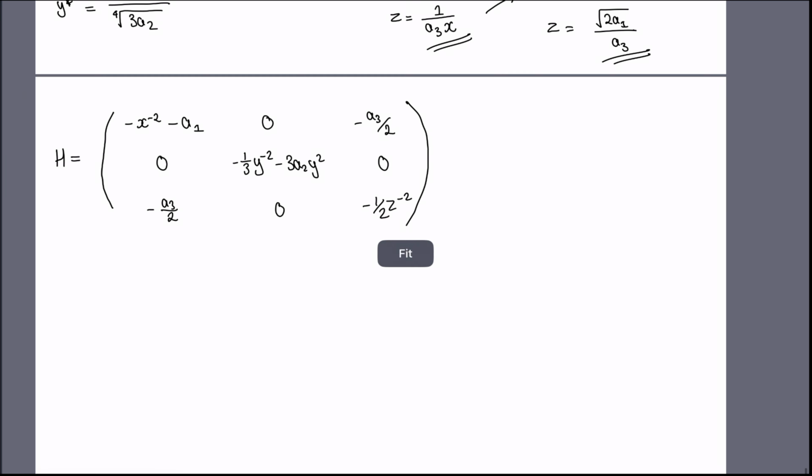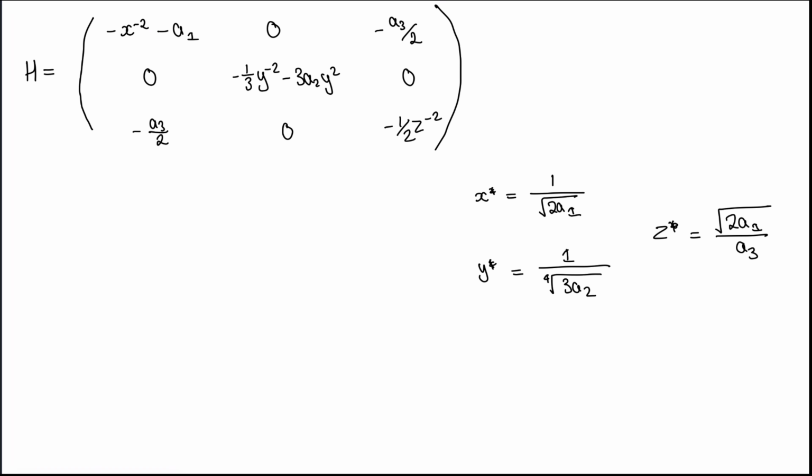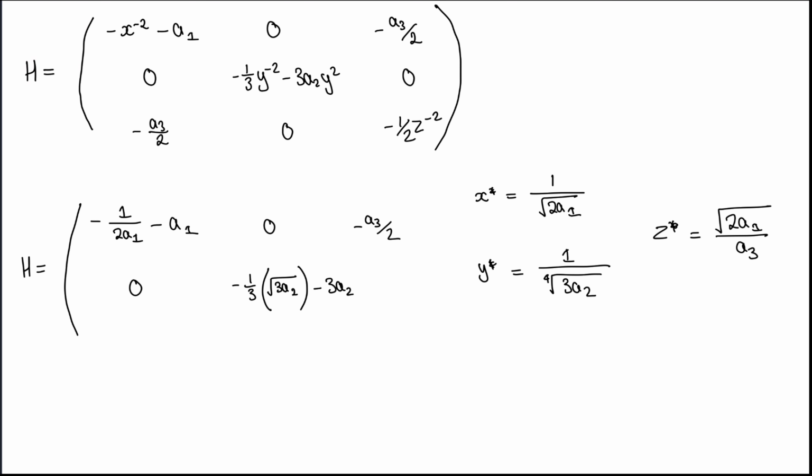If we now sub in our stationary point, we get minus 1 over 2a1 minus a1, 0, minus a3 over 2, 0, minus 1 over 3, brackets, root 3a2, minus 3a2, 1 over root 3a2, and then 0.